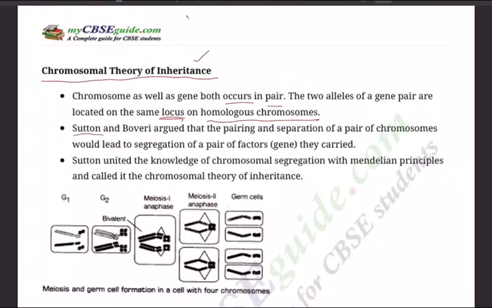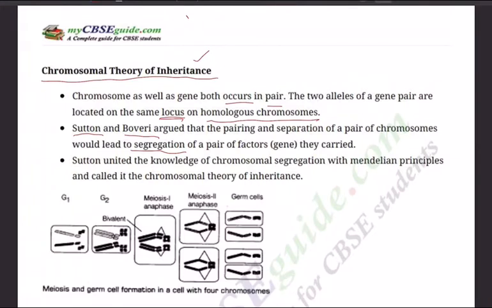Two scientists, Sutton and Boveri, and we must be thankful to them, argued that pairing and separation of a pair of chromosomes would lead to segregation, separation of genes. So in the above statement, we are saying that two alleles are present together on homologous chromosomes.